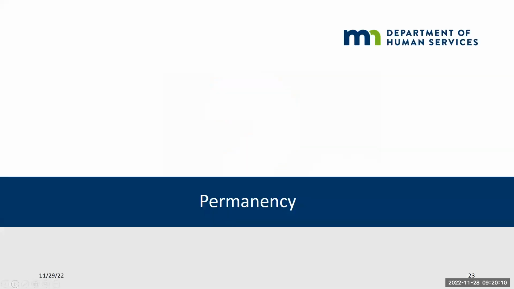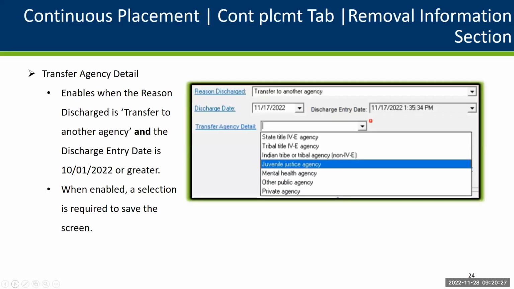Okay. All right. We will move on to talk about permanency. And this next section will cover all of the changes in this release that are related to permanency. So let's go ahead and take a look here.